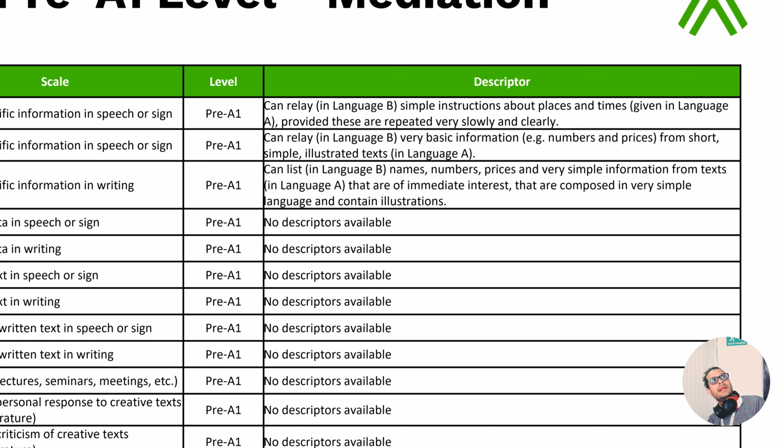Can relay in language B simple instructions about places and times given in language A, provided this is repeated very slowly and clearly. It is very specific. The Common European Framework is really specific in those different descriptors.